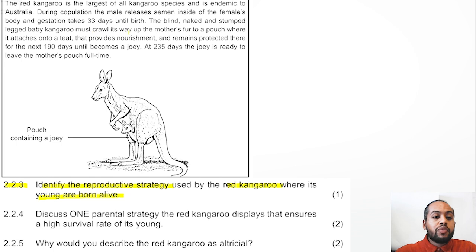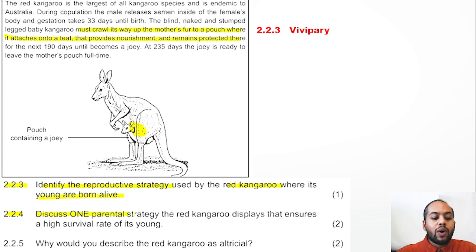If we read the paragraph, it says the blind, naked and stump-legged baby kangaroo must crawl its way up the mother's fur to a pouch where it attaches onto a teat that provides nourishment and remains protected there. If it's going to gain its nourishment from the inside of this kangaroo, it's going to be evident that it was growing inside this kangaroo's body. Therefore, it is going to be viviparity. So 2.2.3, viviparity.